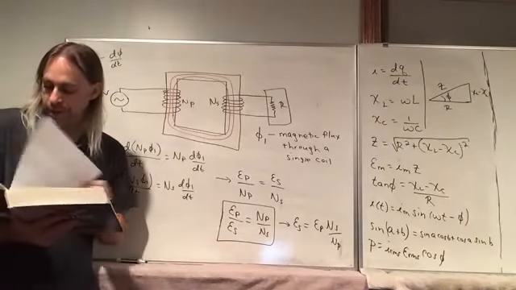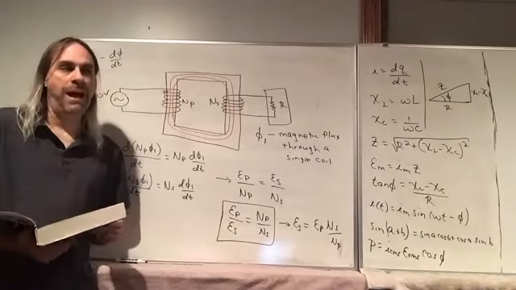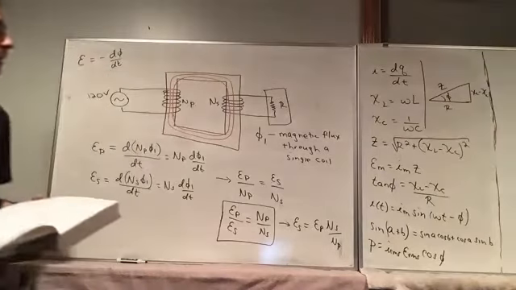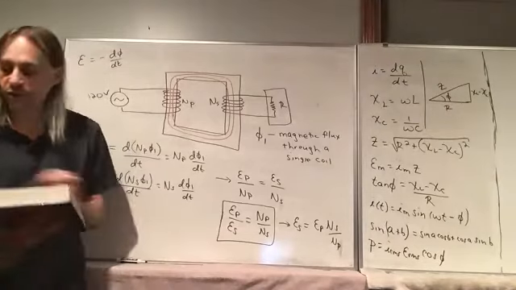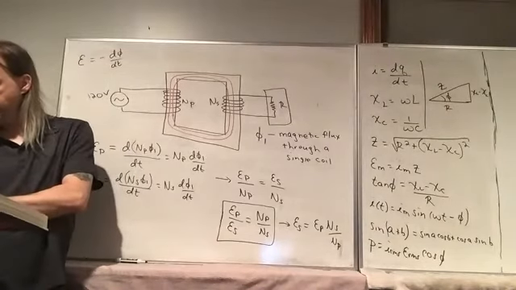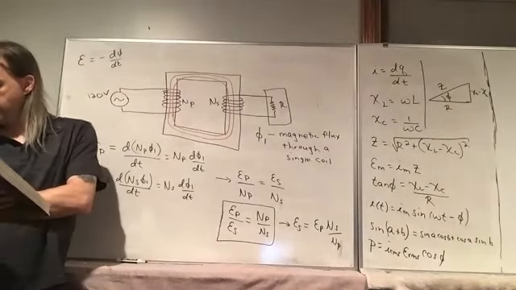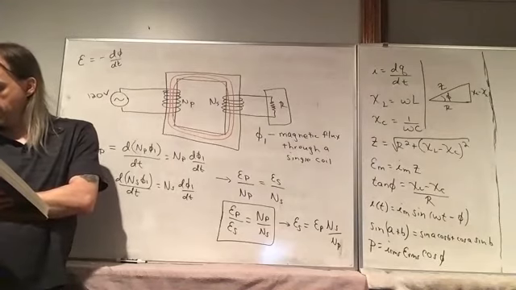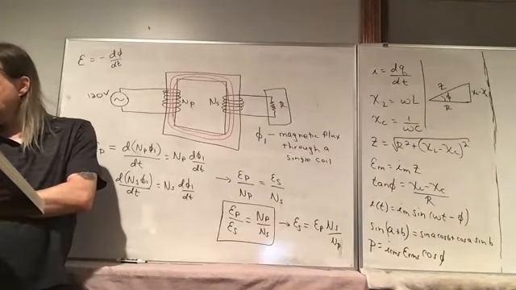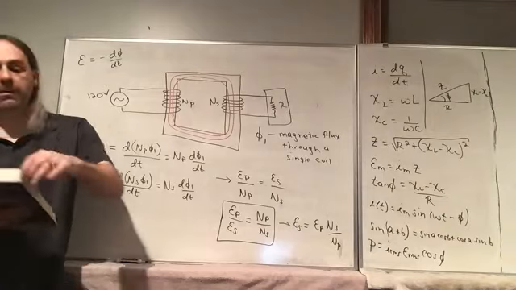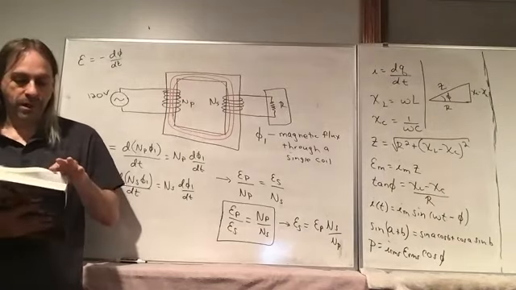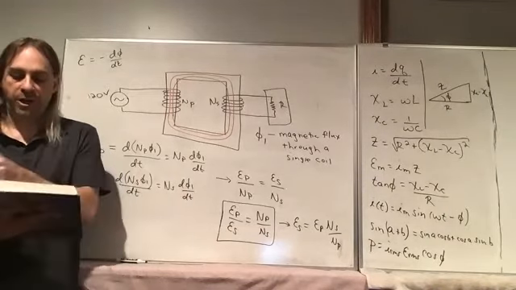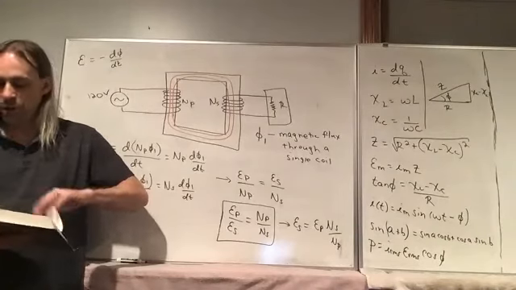And so that energy loss can be very significant. And it's more efficient to transmit energy at a high voltage. So yeah, we want to transmit energy at a high voltage because it is more efficient.